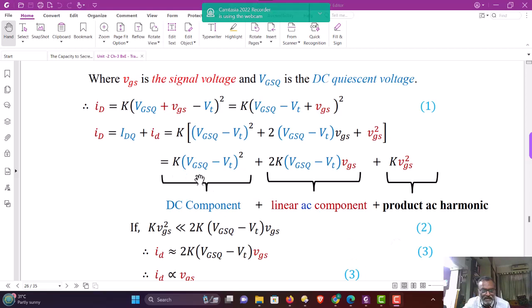So K into VGSQ minus VT squared is a DC component. Twice K into VGSQ minus VT into the signal value vgs is a linear AC component, and K into vgs squared is an AC component, but it is a harmonic term. It is a square term.